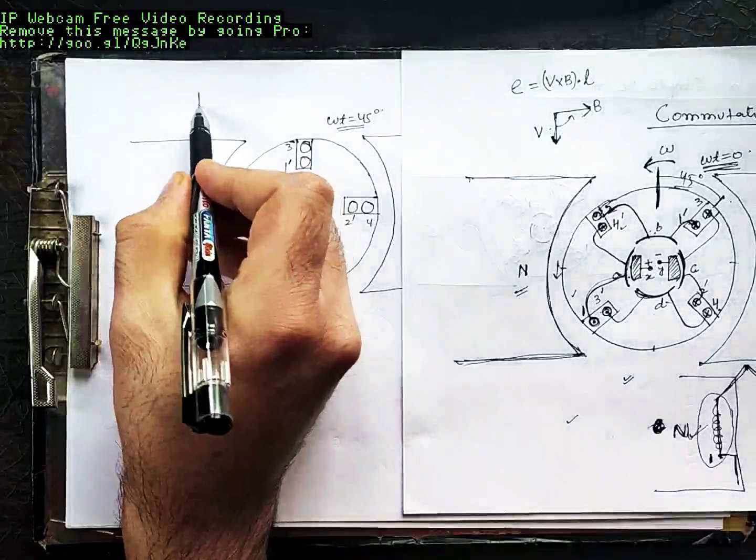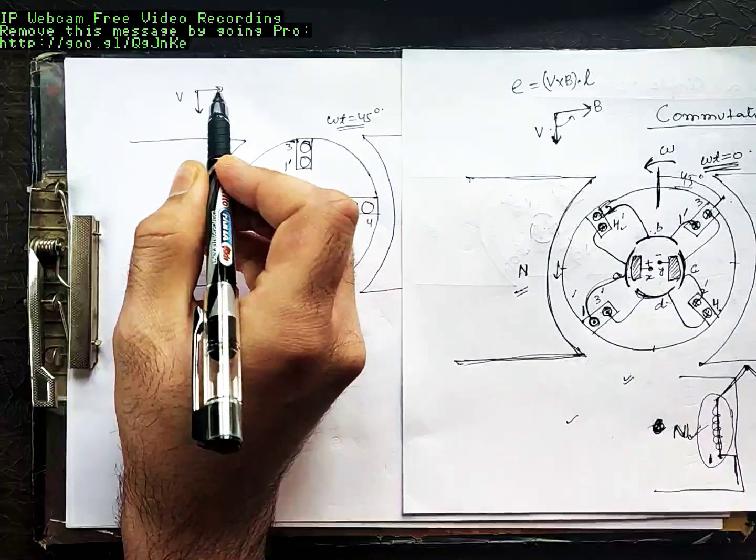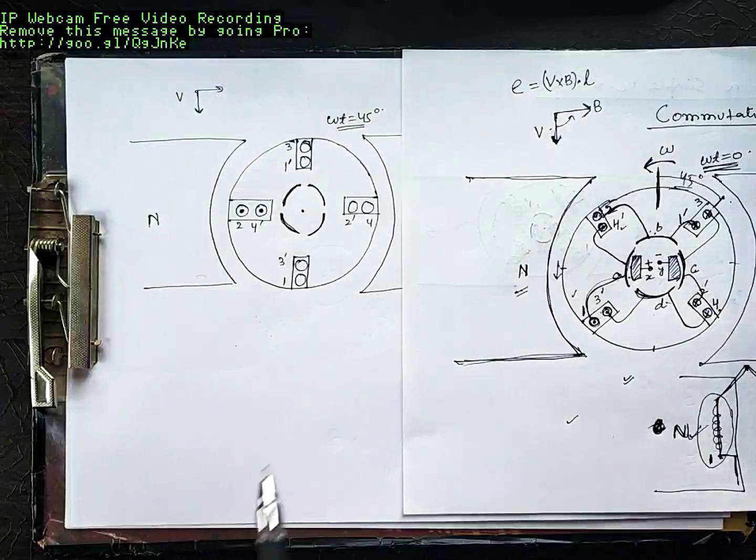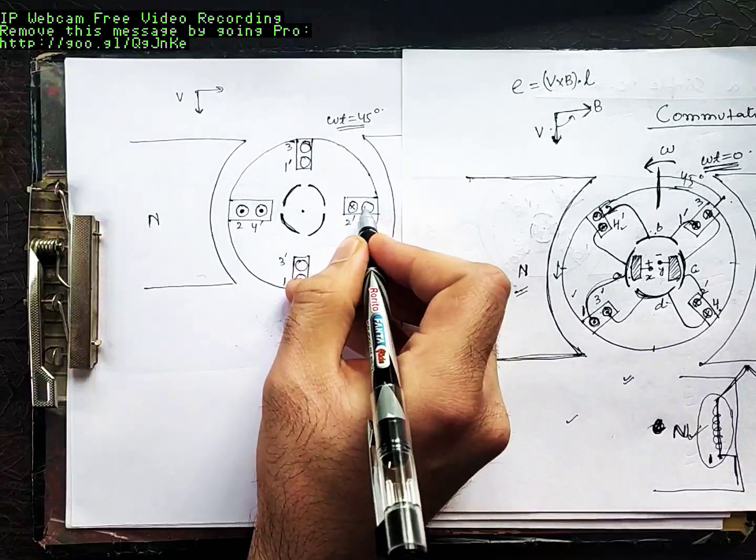This is V, this is B, so it's out of the plane, dot. These two sides are cross.